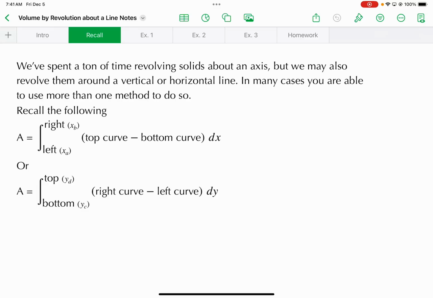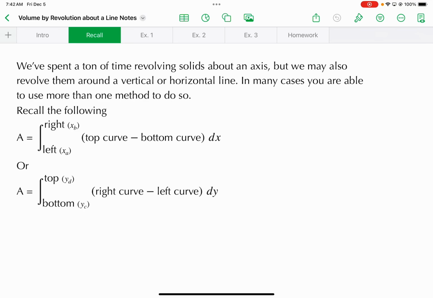So when you're doing your integral with respect to x, like when we do disk or washer method, and we integrate, remember your bounds represent your x values from your left x value to your right x value. What's going to change a little bit with what we do today is how this top minus bottom might look.